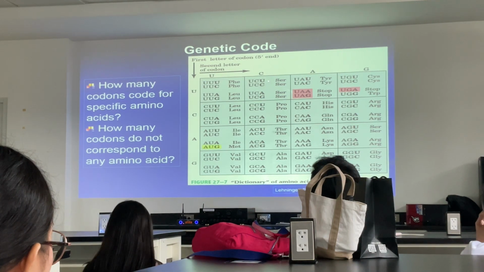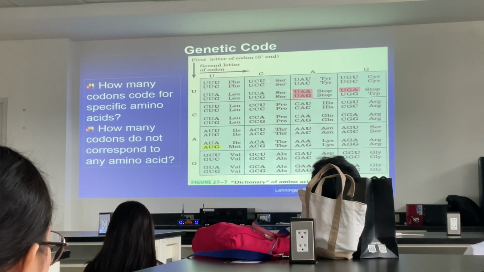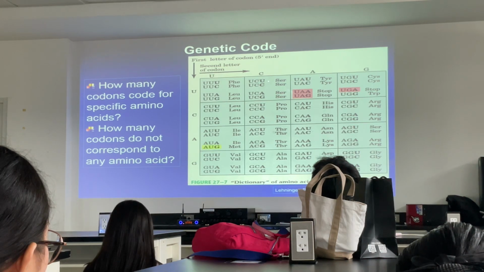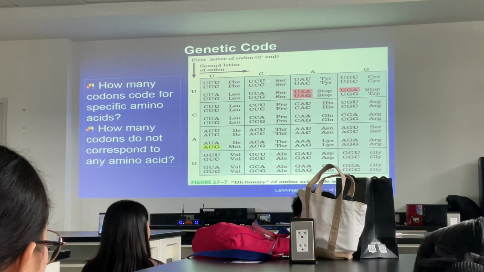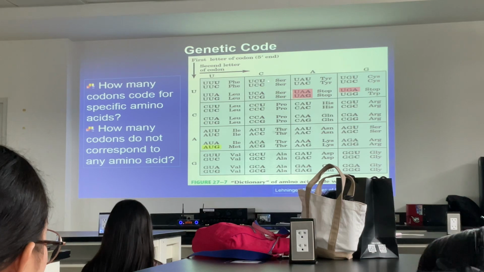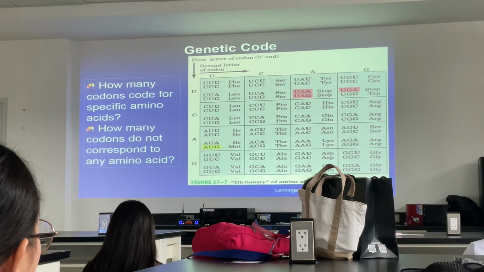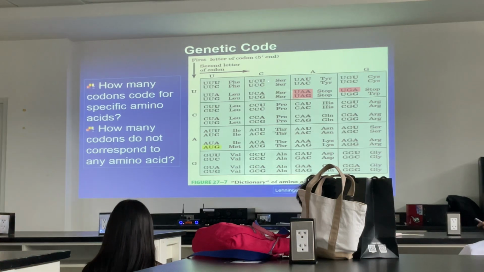Otherwise, all proteins would start with methionine, and that cannot be, because different proteins start with different amino acids. Each protein is a unique molecule, having its own specific sequence of amino acids.